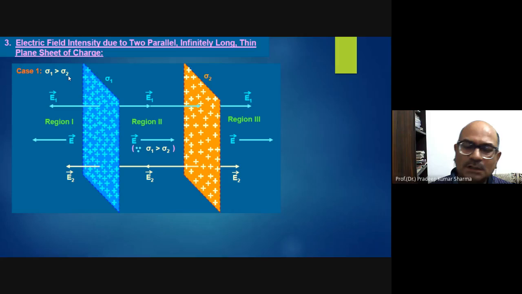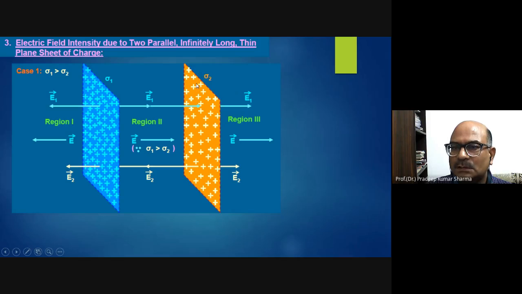If you have not done this application earlier, kindly make a very fast note on your notesheet of what is going to be considered. So over here, where sigma 1 is greater than sigma 2, you can see E1 is due to the first sheet, and it is in both the directions, left and right.